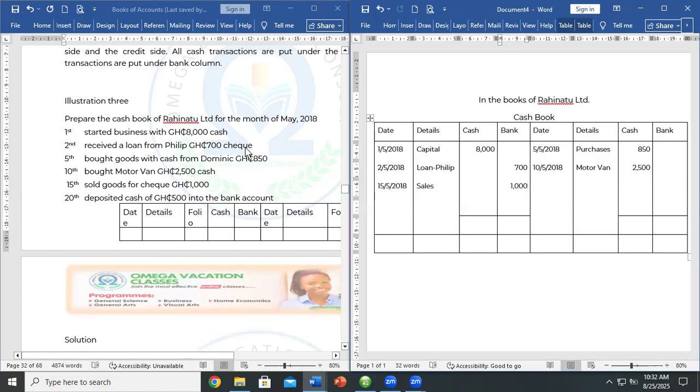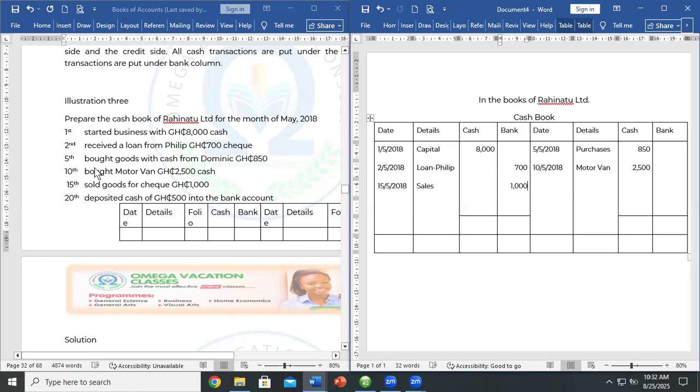The traditional way, when we went straight into the ledger account, you would have debited bank and credited loan. So again, we debited bank in the Cashbook. The corresponding entry will be a credit in the loan account. But the focus is we are preparing the Cashbook. That's why you don't see the corresponding entries.